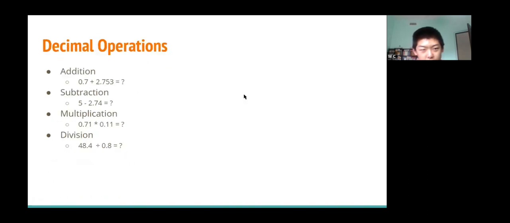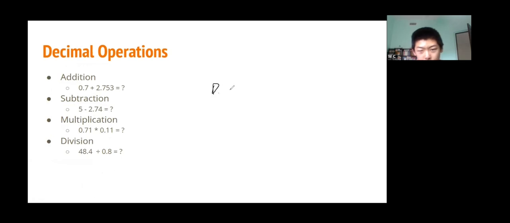So, decimal operations. Addition, you first have to line them up. So 0.7 and 2.753.